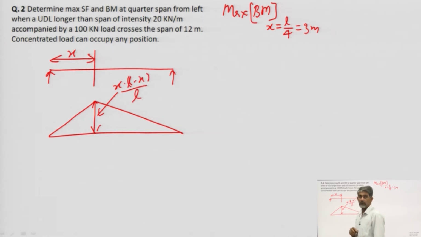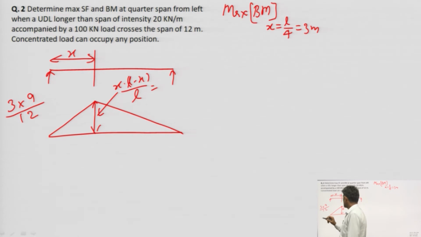What will this value be? It is 3 multiplied by L minus x, which means 9, divided by the total length, which is 12.